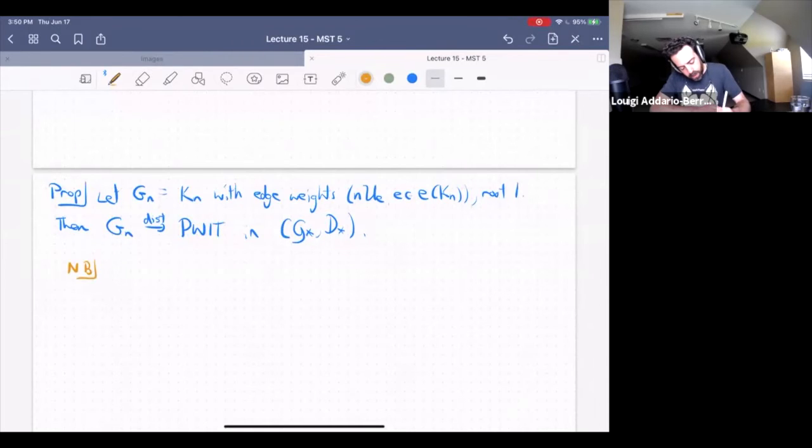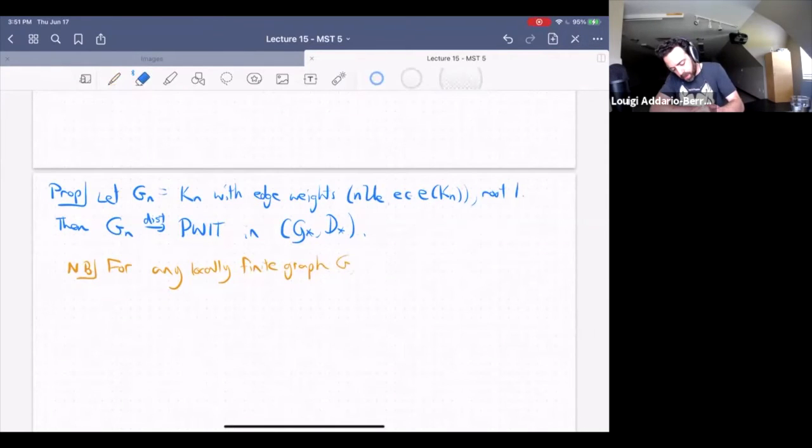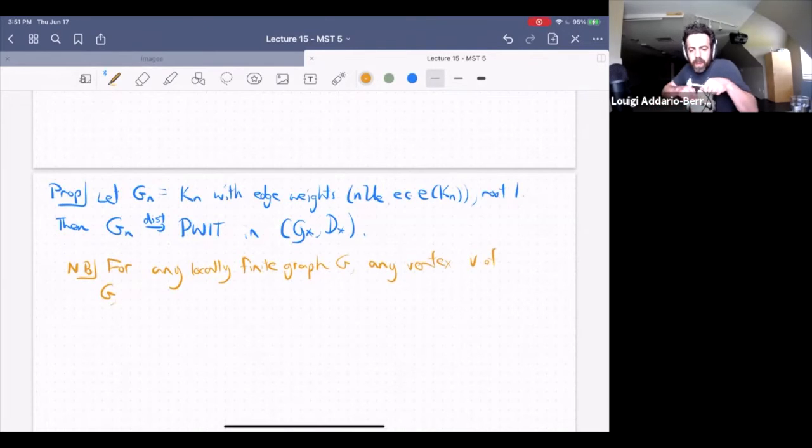for any locally finite graph G, if you look at any vertex of G, then it can only have boundedly many neighbors at bounded distance, because the graph is locally finite.